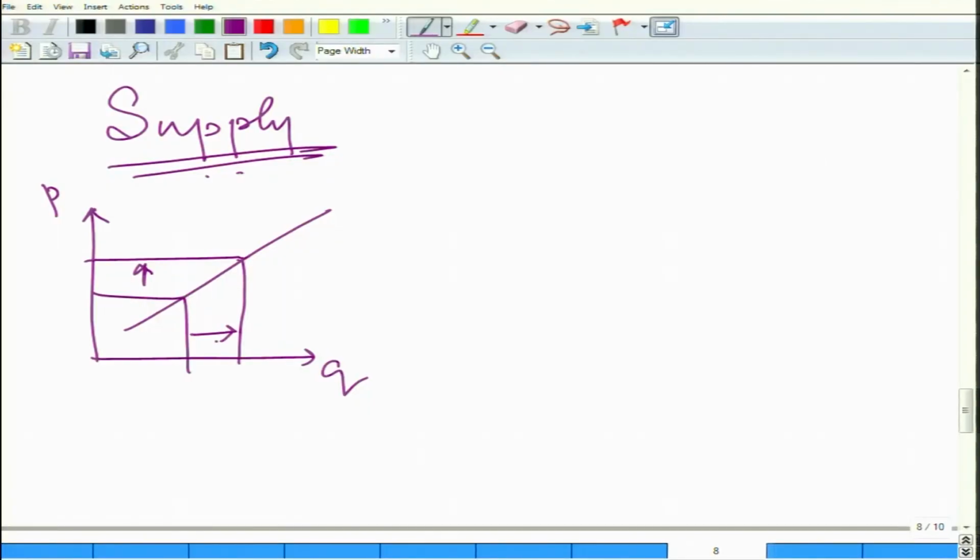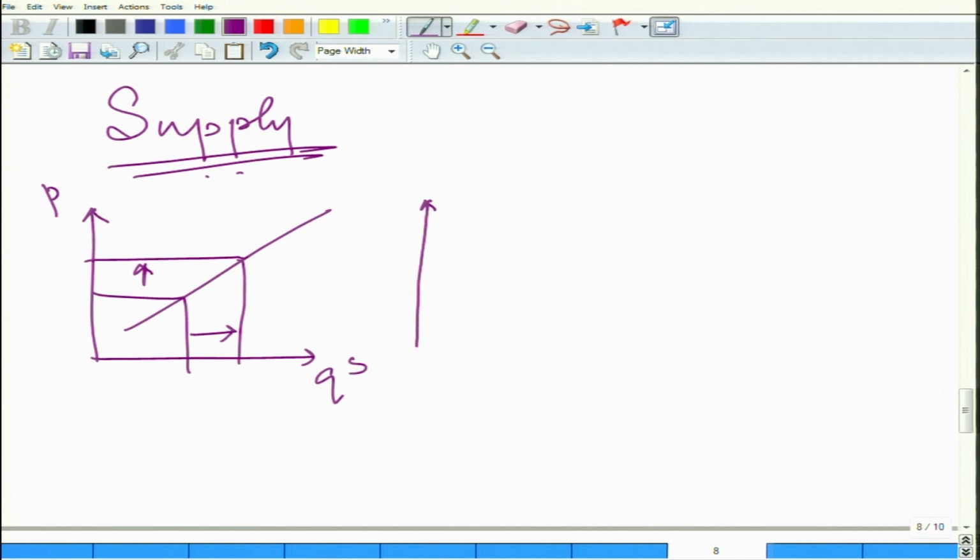So, when price increases, the quantity supplied, QS, also increases, and hence it gives you a positive supply curve.